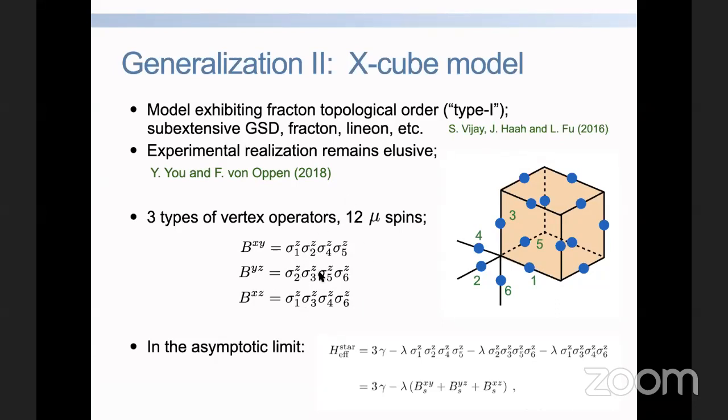By realizing, I mean, once you can write down this model in terms of simple 2-body interactions, these are physical interactions that you can program in various experimental platforms. In particular, it's simple in the sense that there is only a ZZ interaction and a transverse field term.